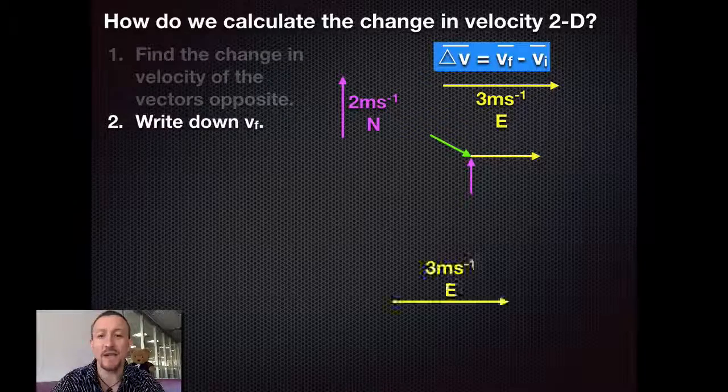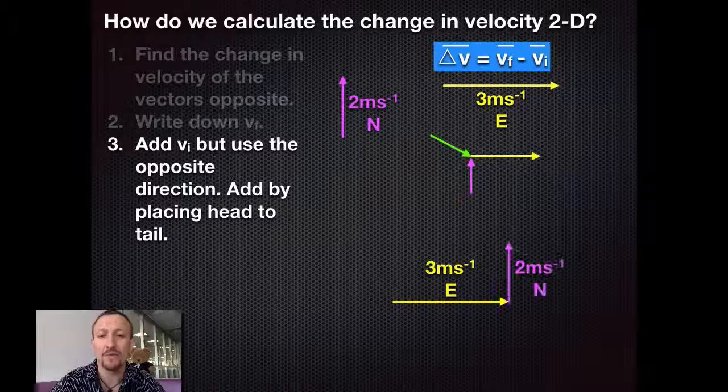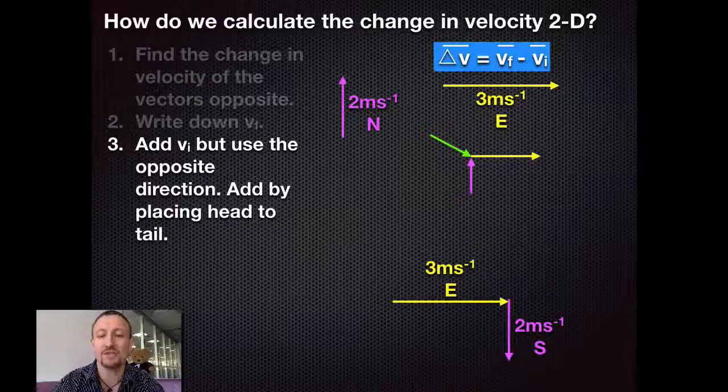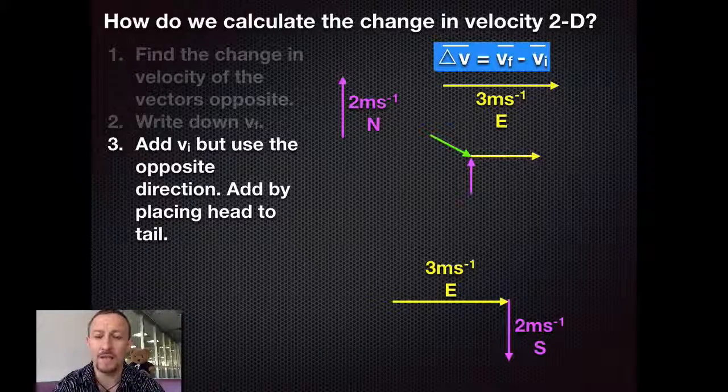So I write down VF. So VF is 3 meters per second east. I then add in VI, noting that I've got to change the direction. So if I put in VI, which is 2 meters per second north, I then have to change its direction, so it's now going 2 meters per second south. Now you'll notice that I've top and tailed each of my vectors, just like we saw in our previous vector video.